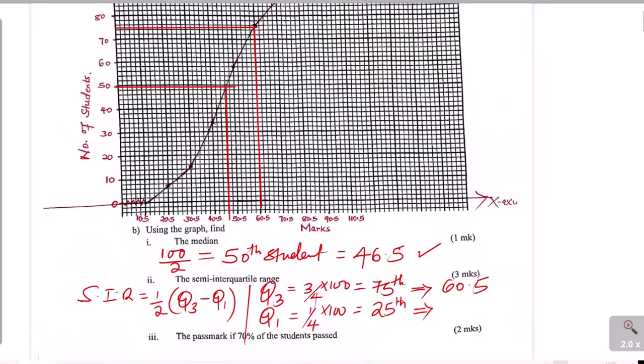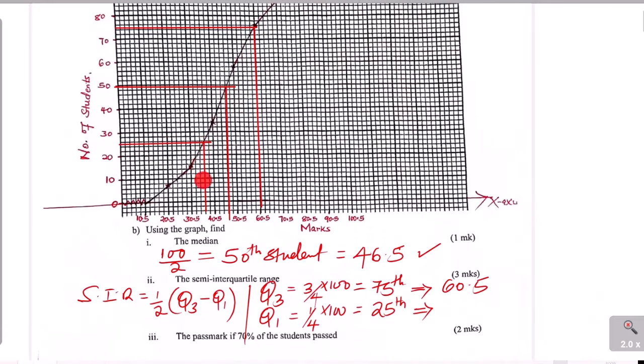Then the 25th. So 25th is here, between 20 and 30. We draw a straight line, and at this point you draw a straight line to the curve.